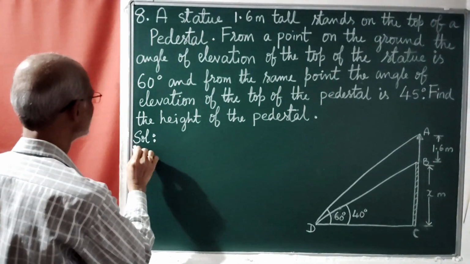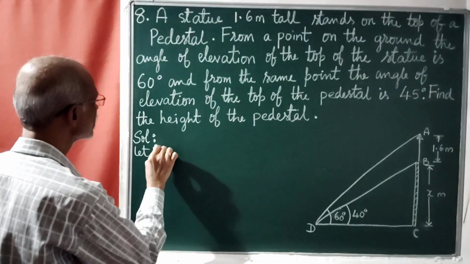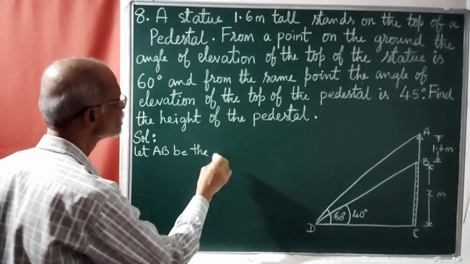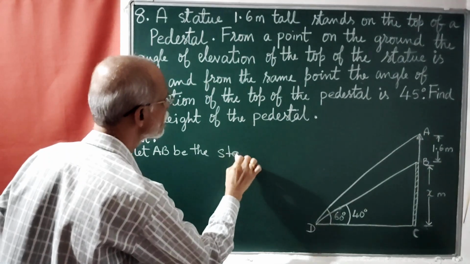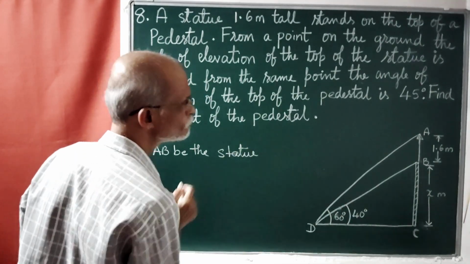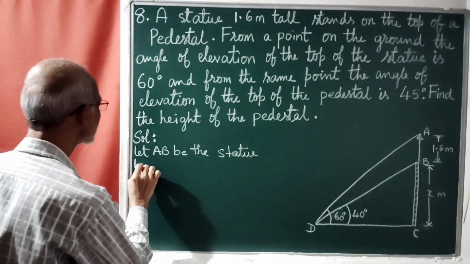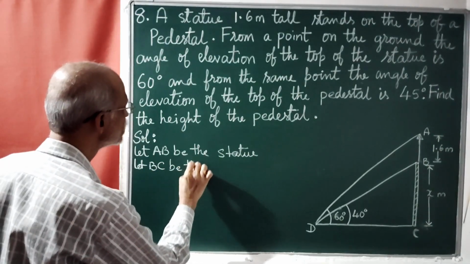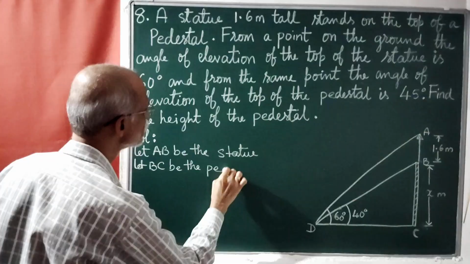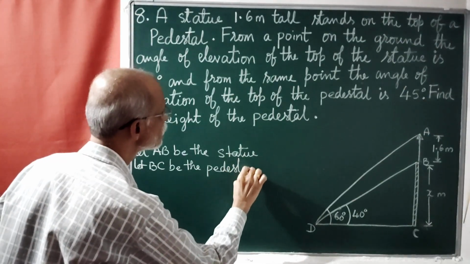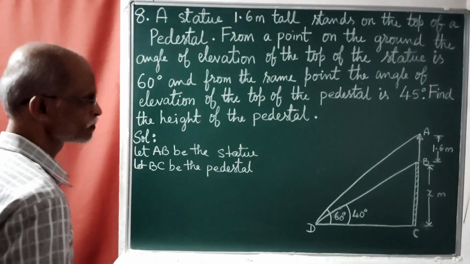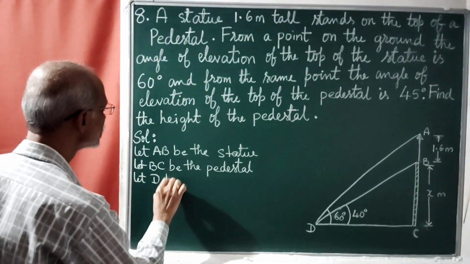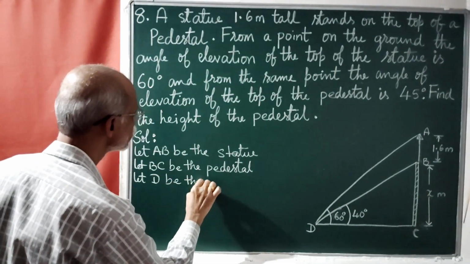Let AB be the statue. Let BC be the pedestal. Let D be the point on the ground.